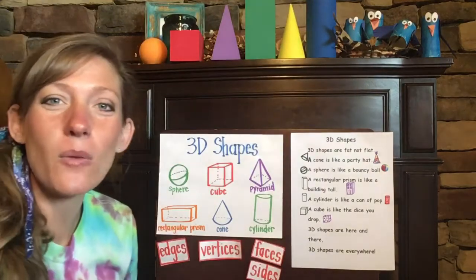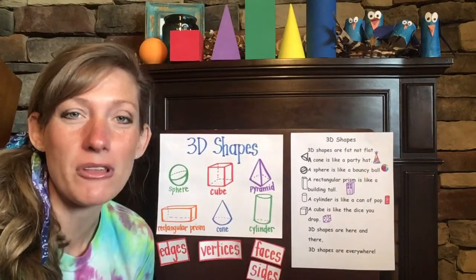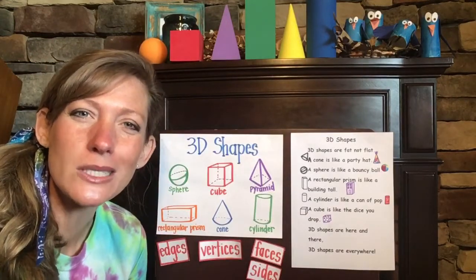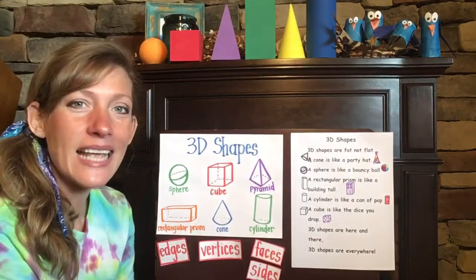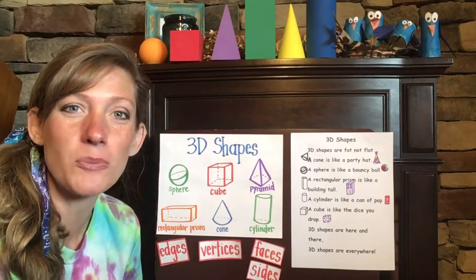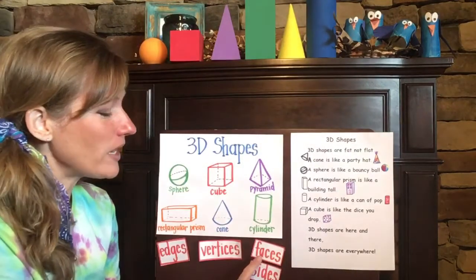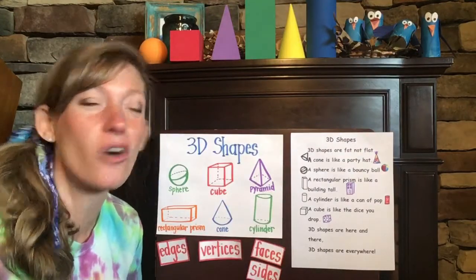Now, yesterday we did not talk about the sides or the vertices of a 3D shape, and I have some important words to show you up here. First of all, here's the word sides, and when we talk about 2D shapes, we always talked about how many sides, but on a 3D shape, we call those faces. So another word for the sides are called faces.